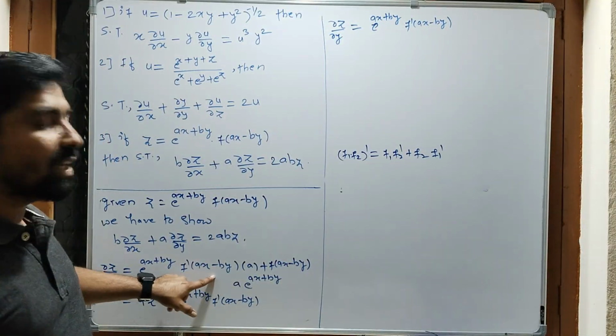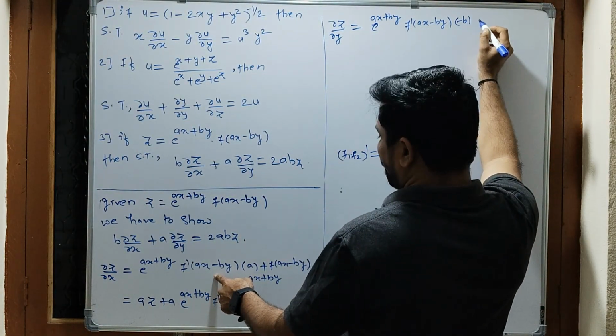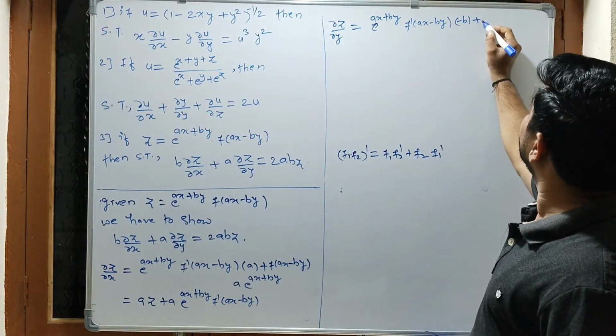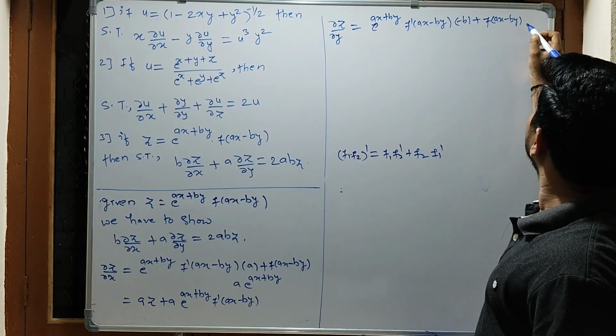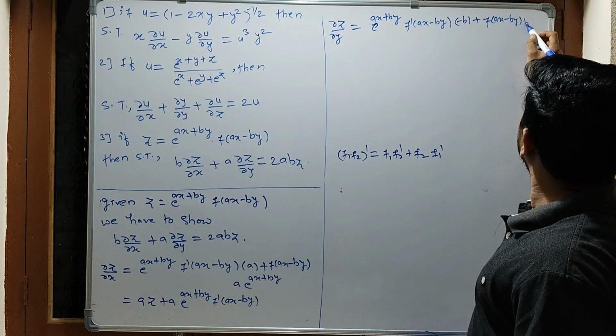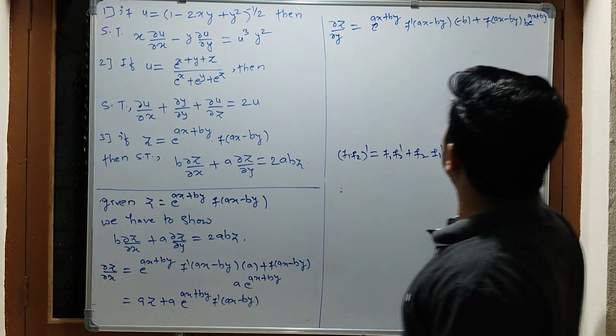So this is my minus b, plus the second function as it is, f of ax minus by, times the derivative of the first, b into e to the power ax plus by.